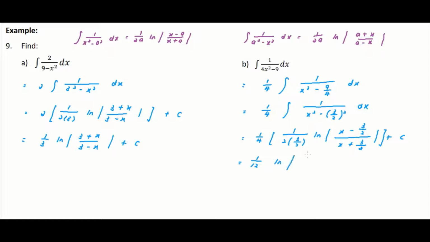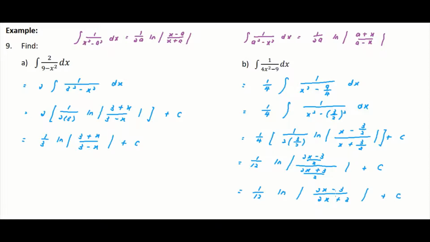When you combine this part, it becomes 2x minus 3 divided by 2, and for the bottom part also 2x plus 3 divided by 2. Since both parts are divided by 2, we can always simplify it. So ln of 2x minus 3 over 2x plus 3. Alright, so that would be your answer.